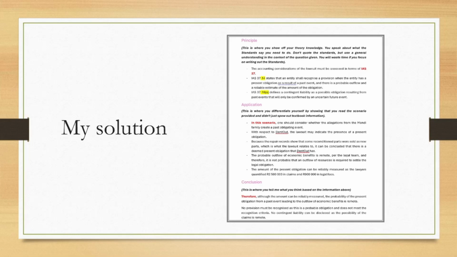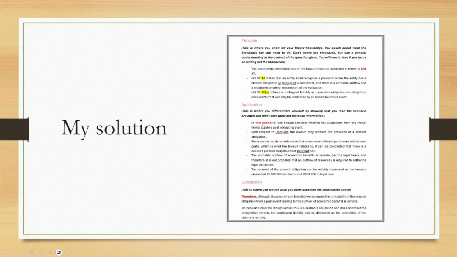So I then went on to state the definition of a contingent liability and the definition of a provision. What I'm not expecting you to do is to put the 37.10(a) reference. I did it for your benefit, so that when you go back and do this question, you can go into the solution and say, oh, that's where that comes from.